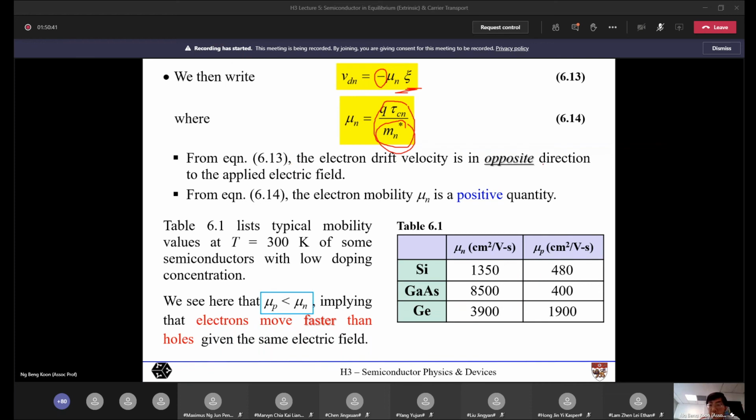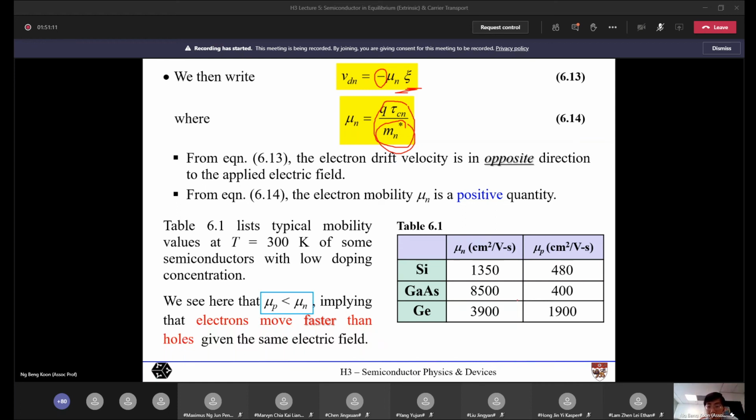Let's look at the mobilities of some typical semiconductors, like silicon. The mobility of electrons is 1,350. Holes is actually smaller, 480. That means for a given electric field, the electron actually moves faster than the holes. In the case of gallium arsenide, it's even faster. You see that it's about 8 times faster than that of silicon, and holes are similar to that of silicon.